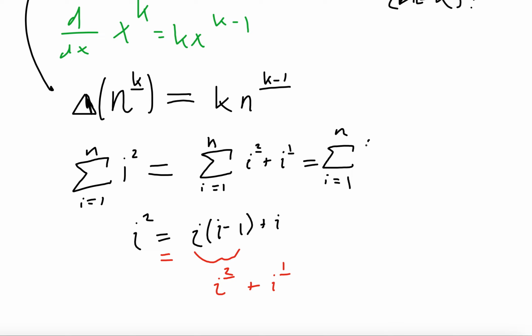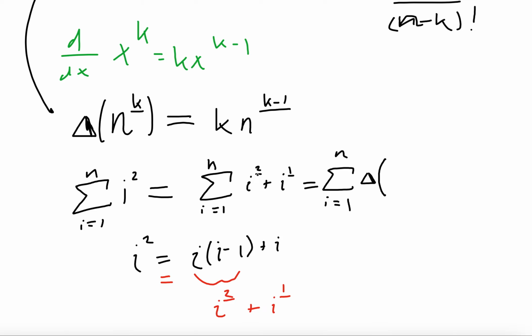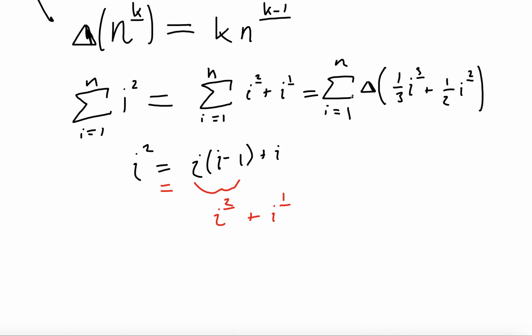If i to the falling 2's delta would be 2i to the falling 1, then its inverse delta would be i to the falling 3 over 3. So 1/3 i to the falling 3, plus, in this case, 1/2 i to the falling 2. All right, so this is the sum.